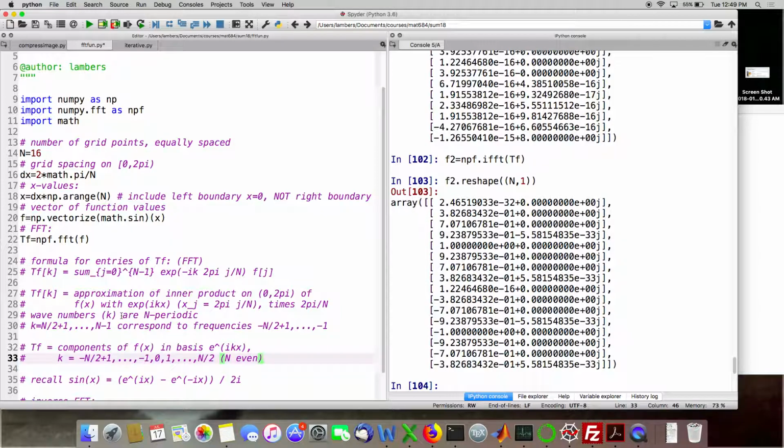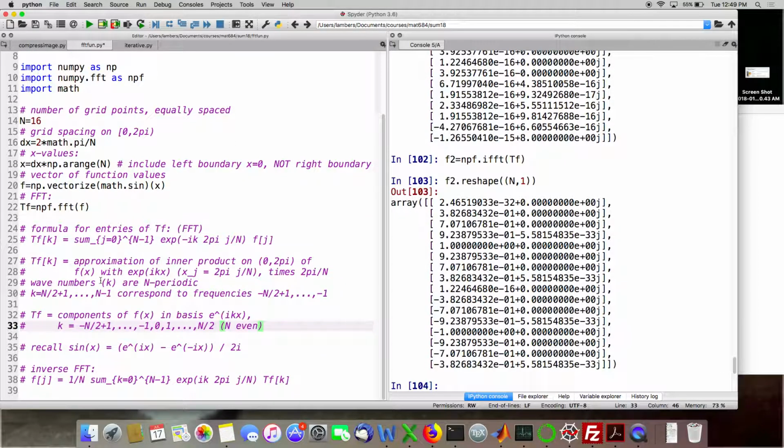If n is odd, then it would go from just minus n over 2 to n over 2. The point is they're going to be integers. It's particularly important for anyone dealing with KSS methods to understand these things.